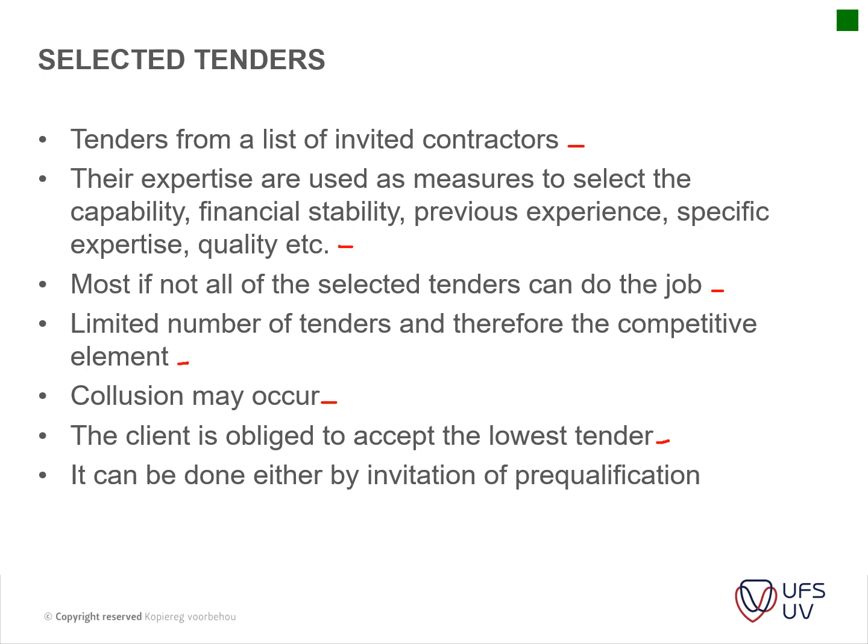So in essence, all of these contractors can actually do the work. It can be done either by invitation or pre-qualification. Okay, so contractors can either be invited, or they have to show the client that they can actually do this job or not.